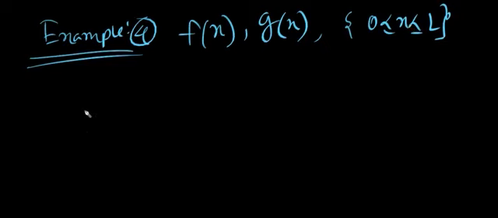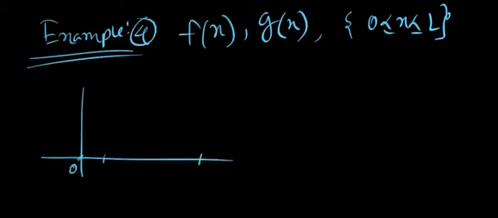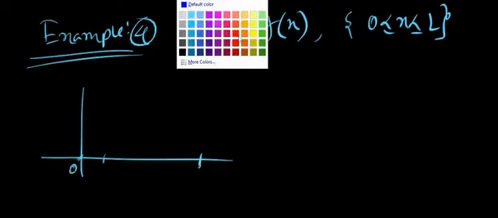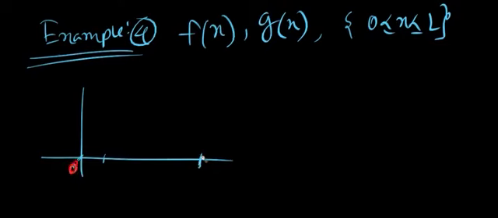Let's say this is 0, this is L, and let's take the graph of f of x to be in the green color, like this.